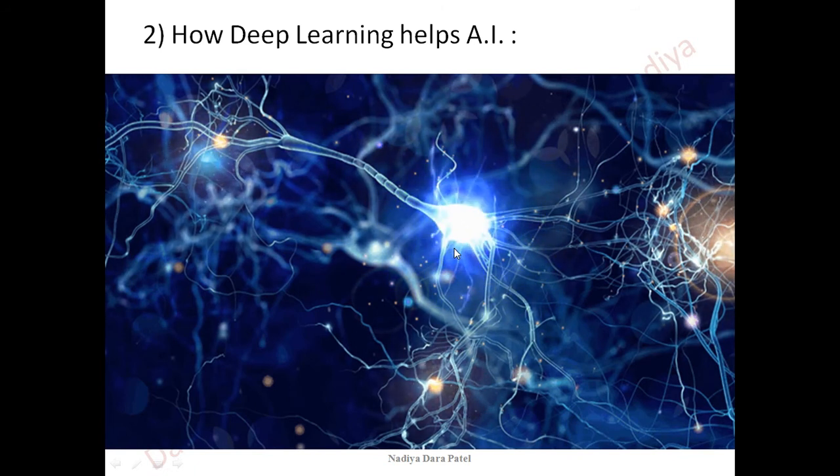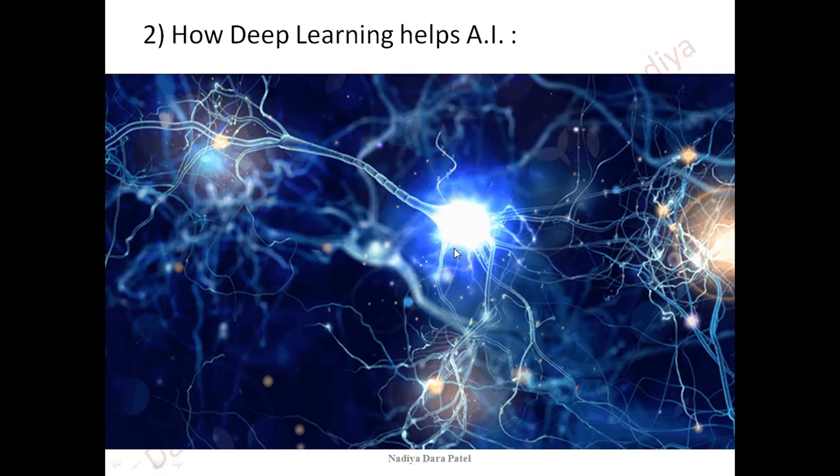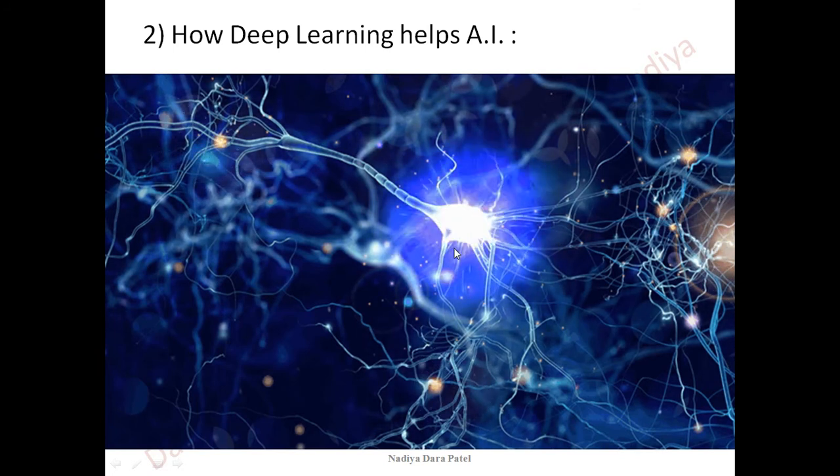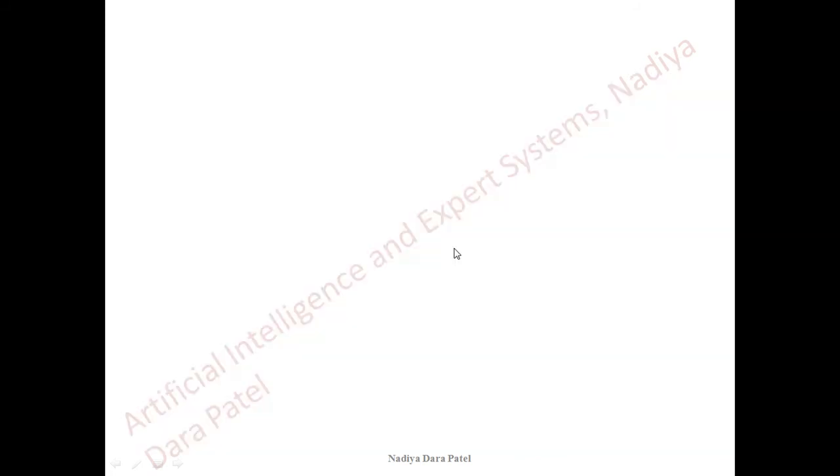Like our brain functions, our brain has the axons, the cerebrum, the cerebellum, the neural schema. A similar construction of pattern, or similar construction of algorithm, is generated for a machine so that it can act and behave like a human.